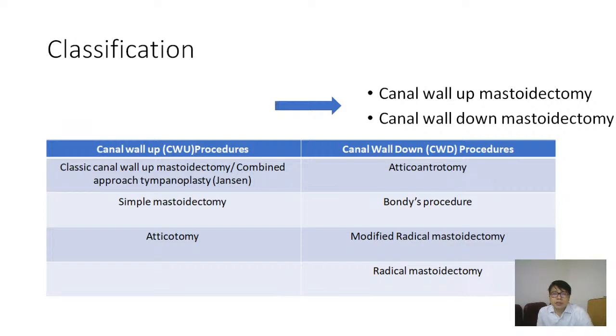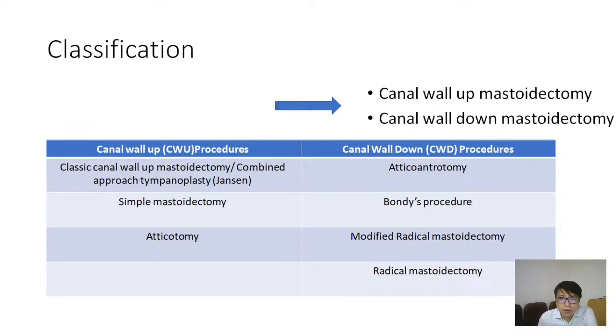So the classification: we classify it as canal wall up and canal wall down mastoidectomy. By canal wall, what we mean is the posterior canal wall of the EAC, the bone which separates the EAC from the mastoid air cell system.